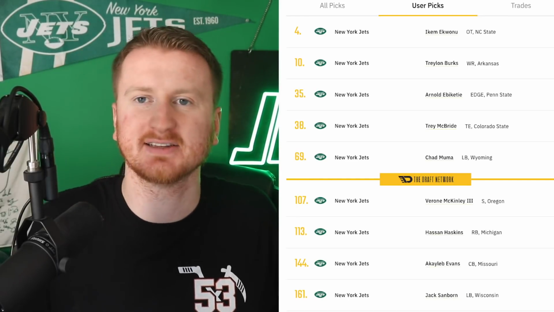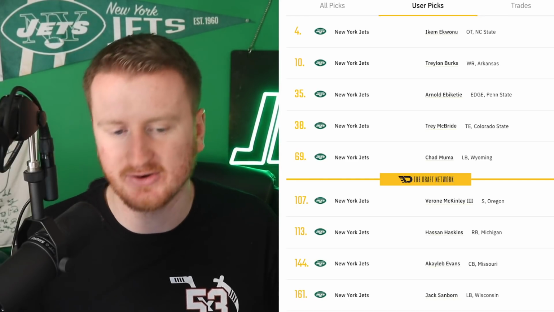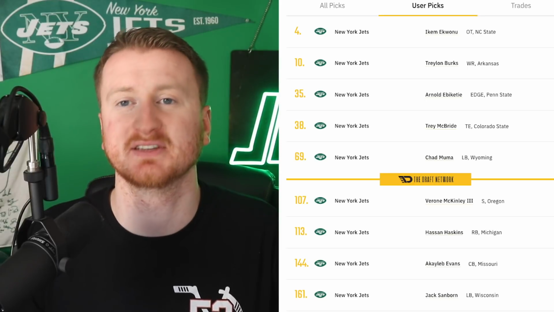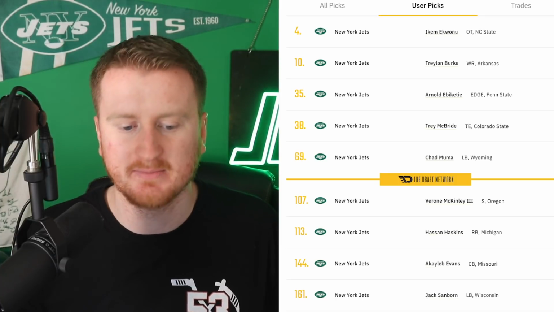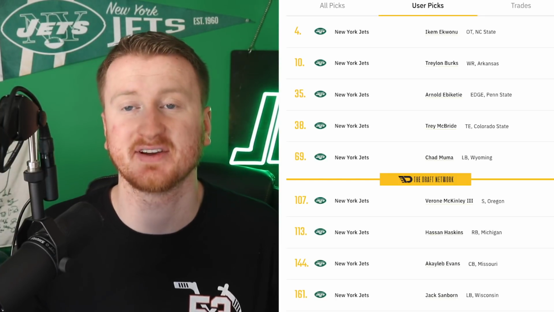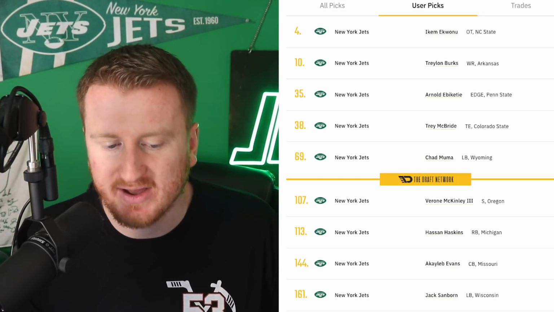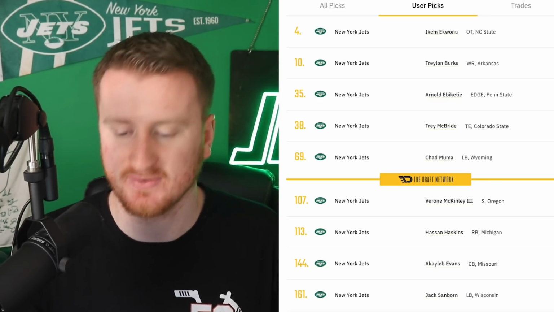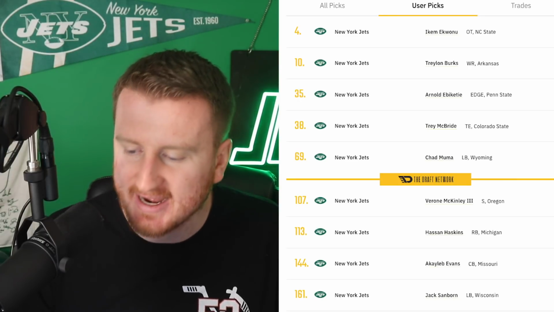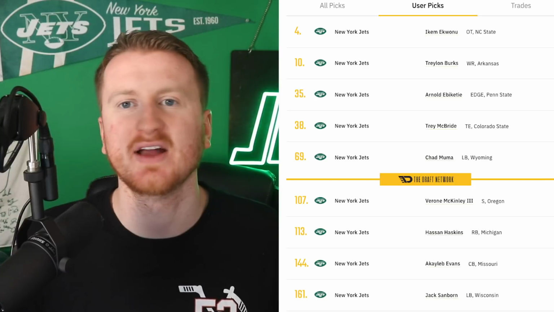I'll explain the thought process here. Early on, I think 3 of the 4 positions will probably be on the offensive side of the ball. No trades in this one. Muma's a linebacker who you can grab in the 3rd round that could come in and play right away. McKinley is someone who I think has high upside. Haskins is a big body running back. You're going to see that's a trend in some of these.